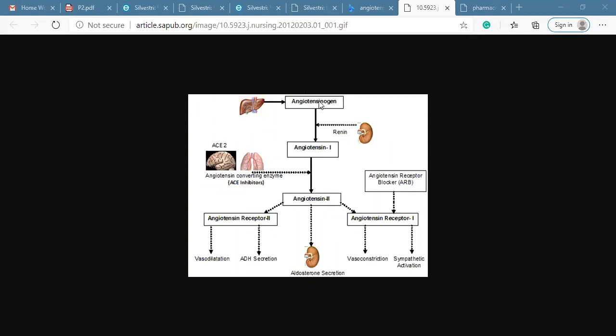So angiotensinogen, then angiotensin 1, then angiotensin 2, right?